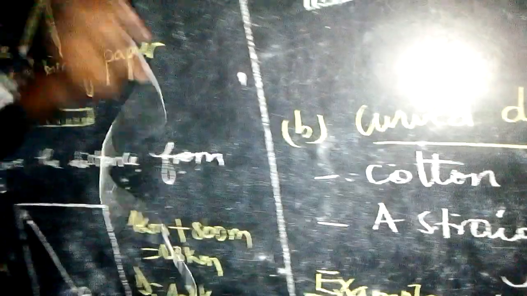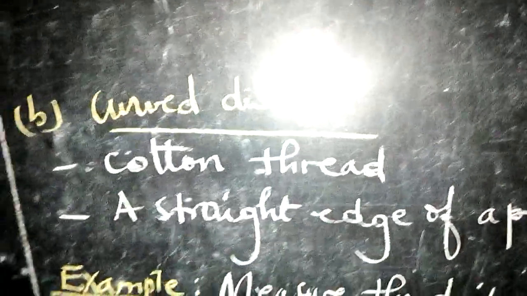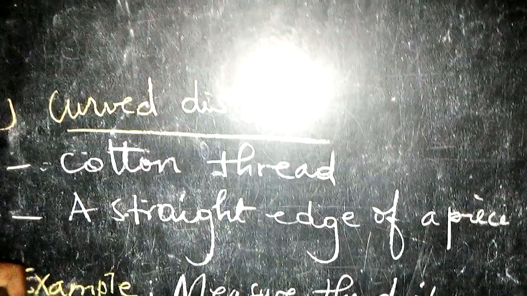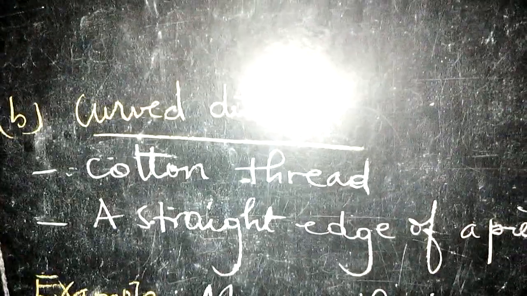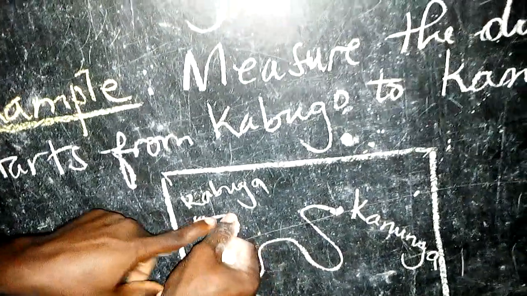If you want to measure that curved distance using a cotton thread, you can bring water and make the thread soft, so that whenever you put it on the map, it will not be removed easily.